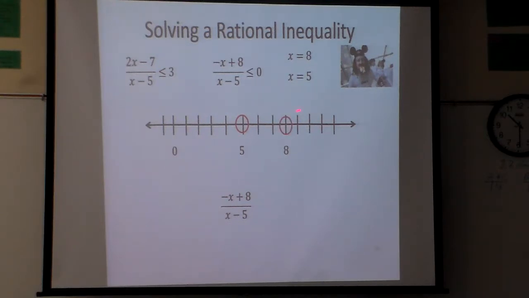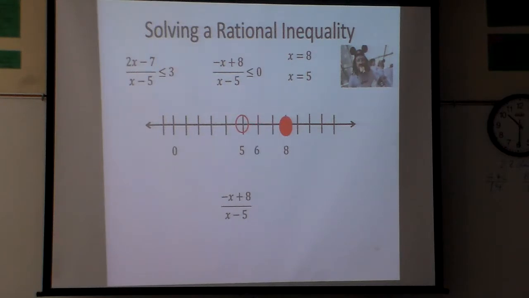I also know I have an answer at 8. It can be left or right of it as possible solutions, but notice, can it equal 8? Yes, it can. So I know that one's going to be colored in. I just don't know whether my graphs go out or whether they're colored in.